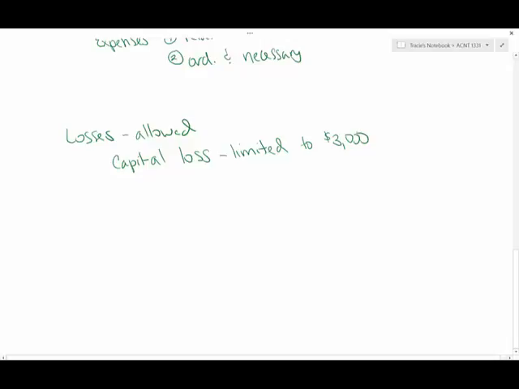So we can net all of the loss against capital gain, but if there is no capital gain left, then we can only deduct $3,000 against our ordinary income, such as against our salaries. Remember, the remaining portion that is not used is carried over to the next year, so that I could then deduct it in the following year.